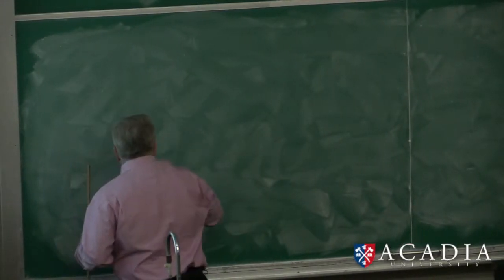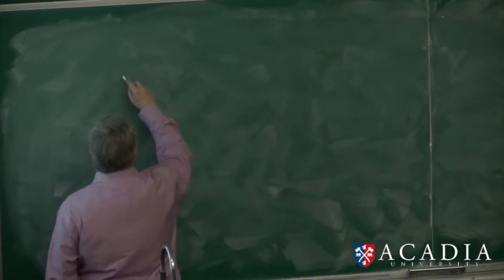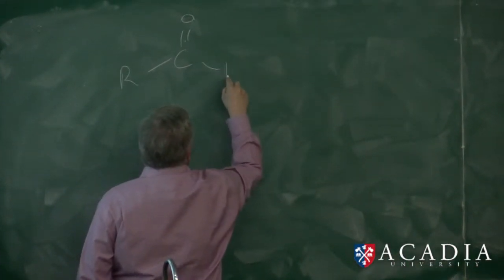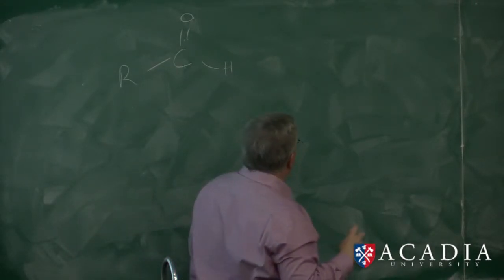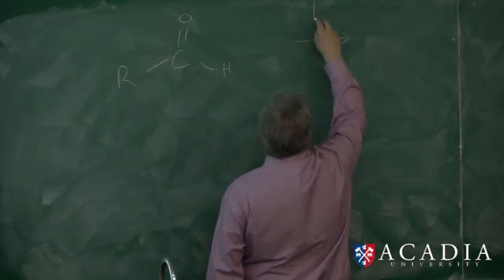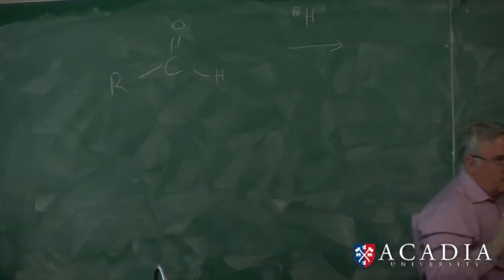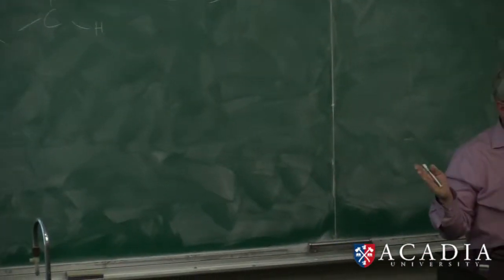Now this is a good example. We're going to take an aldehyde and react it with methanol. But the first thing that has to happen is the protonation. In water, when we throw an acid in water, what carries the protons around?